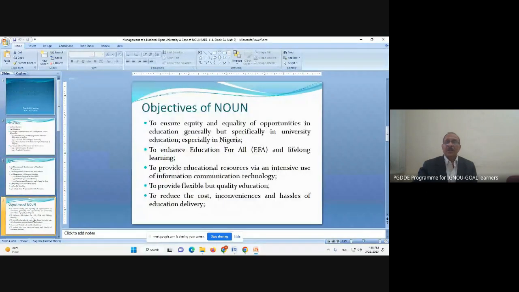And then the objectives of NOUN: to ensure equity, equality. I think any distance education institution is to ensure equity and equality of opportunities to marginalized groups. Same is the case with Nigeria.